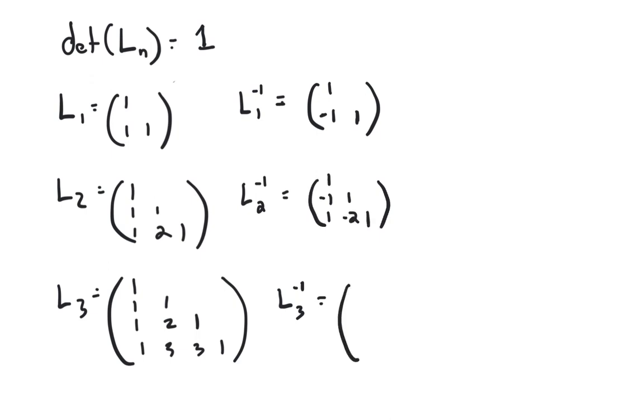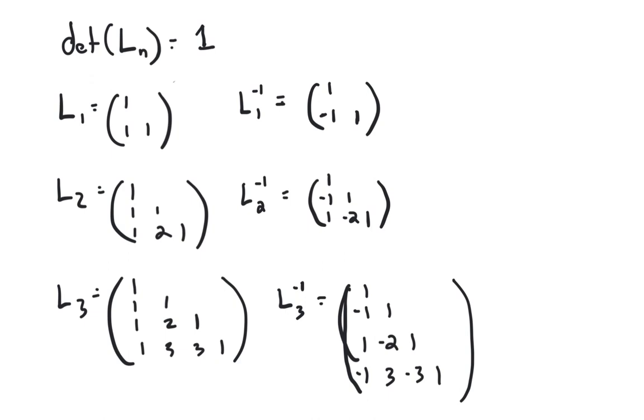And then L3 inverse, we have 1; negative 1, 1; 1, negative 2, 1; and let's make this a little bigger; negative 1, 3, negative 3, 1. So you can see what's going on here. It looks very similar to the original matrix, except whenever the sum of the indices is odd, we have a negative.